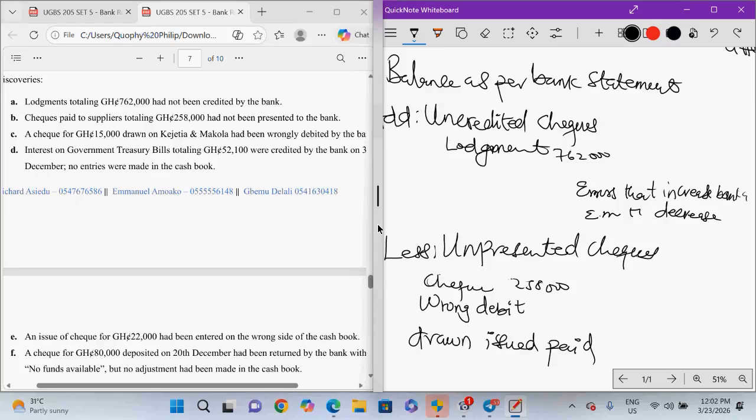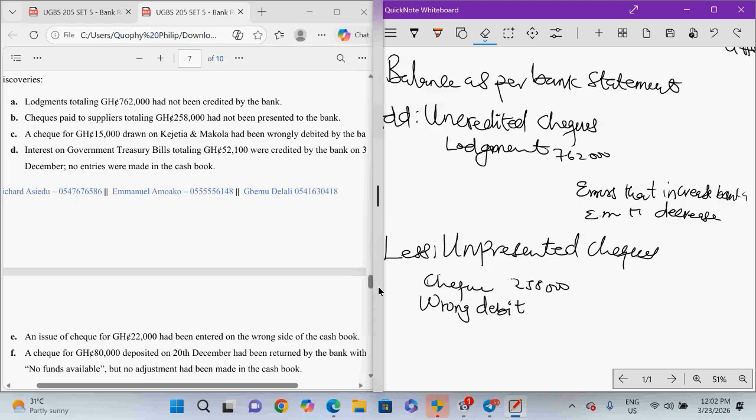So with this wrong debit, will it increase our bank account or decrease? Increase. Why increase?